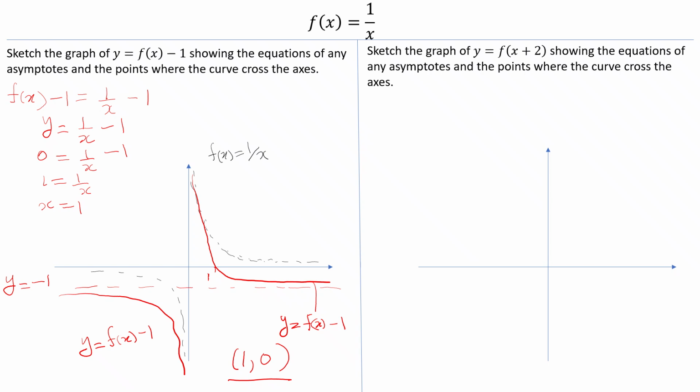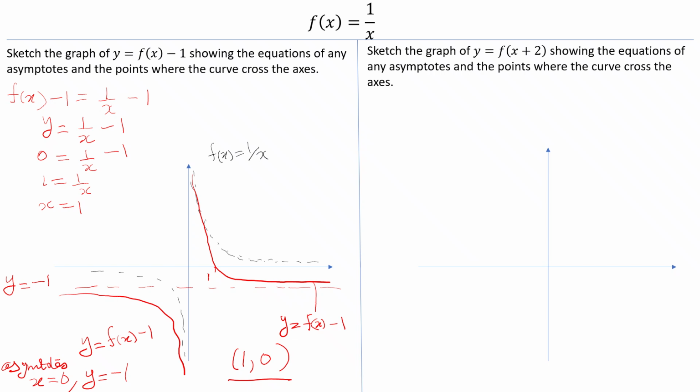So the asymptotes are x equal to 0 and y equals minus 1.